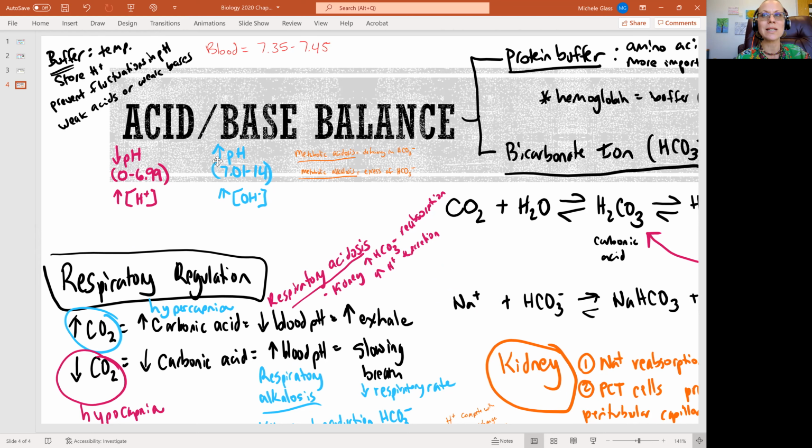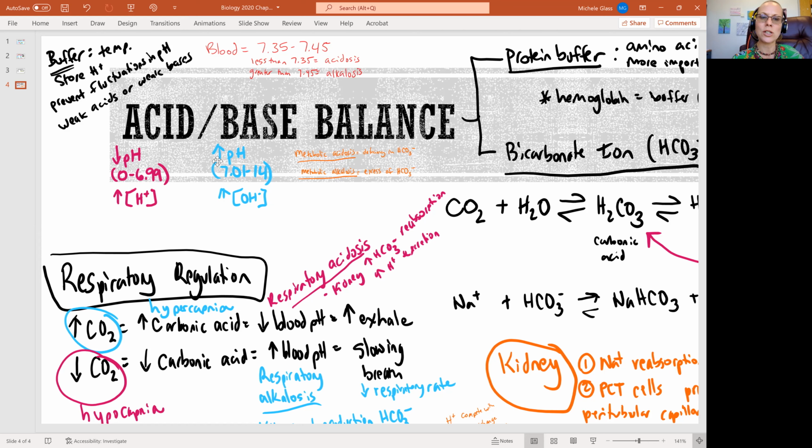So we consider it slightly basic. If you have anything less than 7.35, we're going to consider that acidosis. Anything greater than 7.45 is going to be alkalosis.